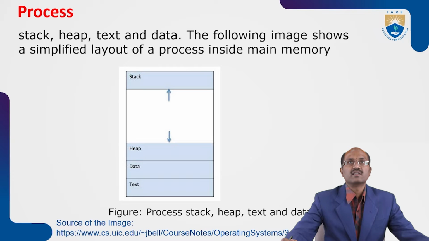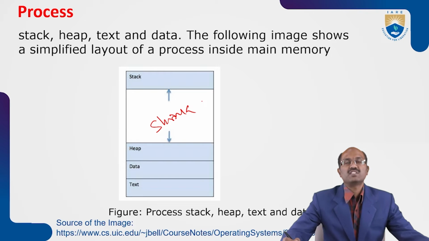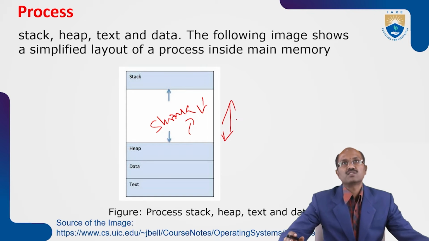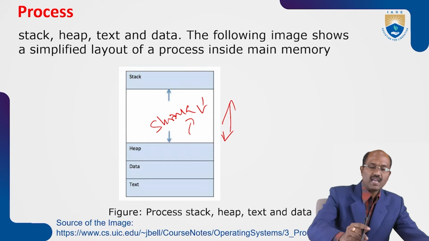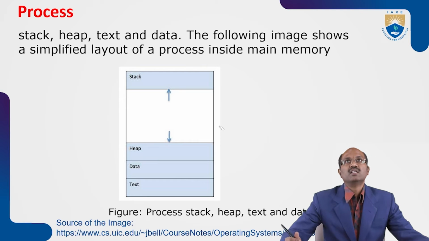In between the stack and the heap there is a gap. This area is going to shrink or extend, decreasing or increasing, depending on the size of the stack and the heap.